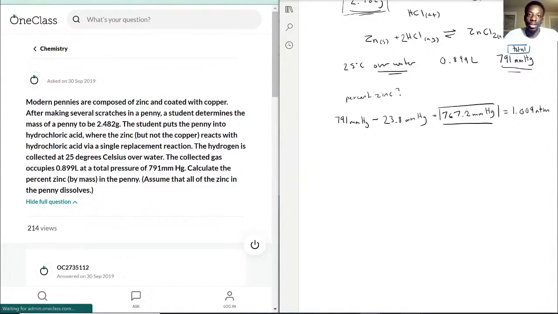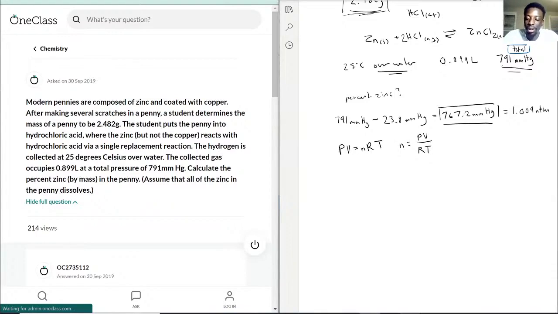Just that way you have it, and it's important that you account for what type of pressure you're using, like units, because that does affect the R value. Okay, so with that, when I'm solving for moles, I need to use the equation PV, pressure volume, is equal to moles times that R constant, the gas constant, and temperature in Kelvin. So we're solving for moles here, so we can get the mass. So we have n is equal to PV over RT.